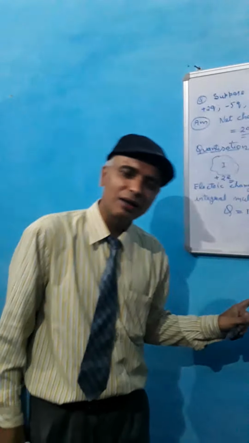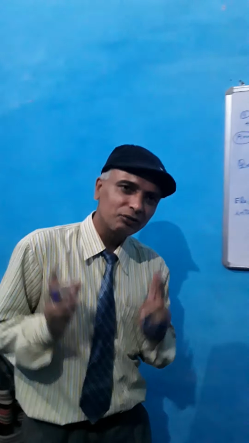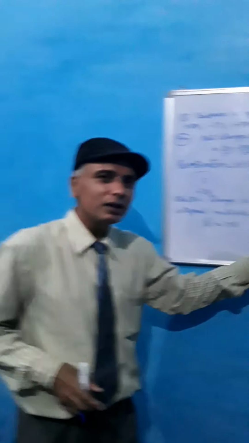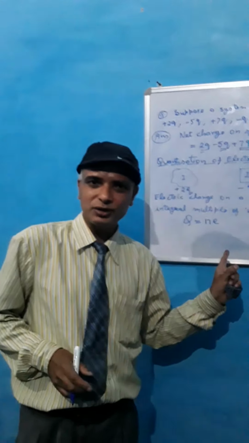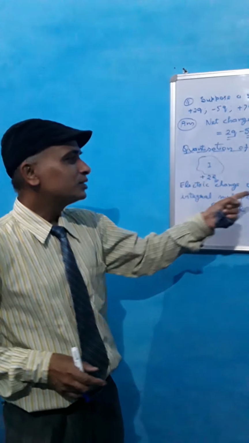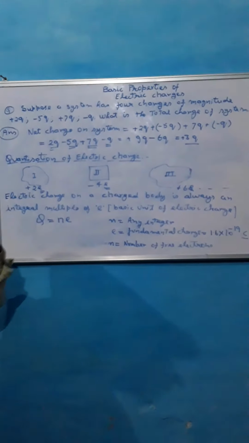So this states that electrons are always transferred when we rub two bodies with each other. When the bodies get charged due to transference of the electron, electrons are transferred in the form of integers, not in the form of fractions. Okay, so this is quantization of charge. What I told, electric charge on a charged body is always an integral multiple of the basic unit of charge.